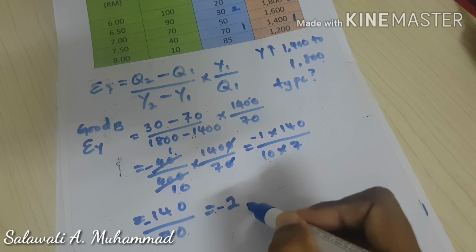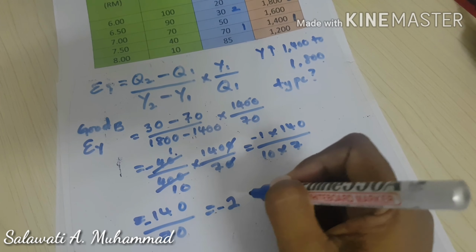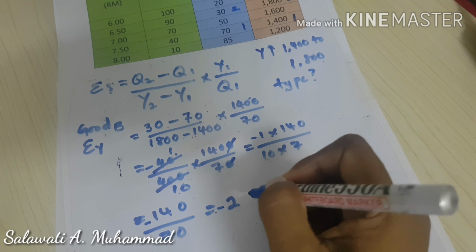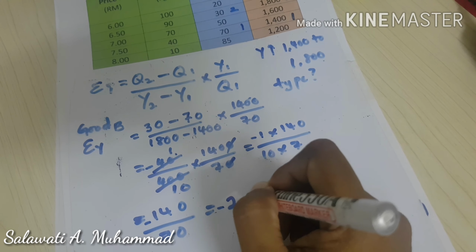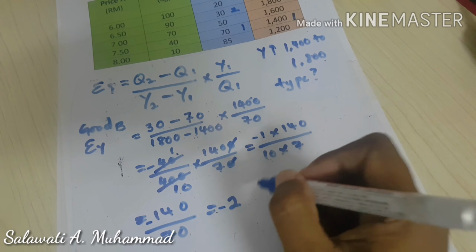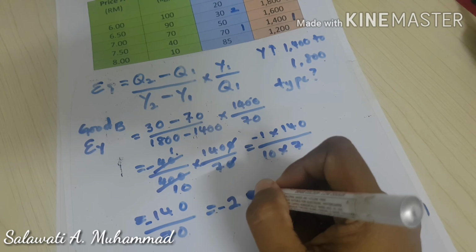So here, if income elasticity of demand shows negative, meaning this is a given good or inferior good.